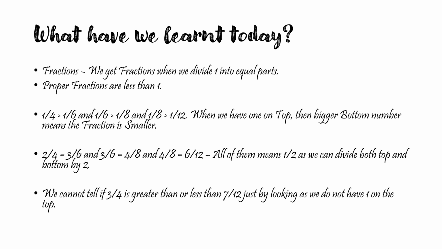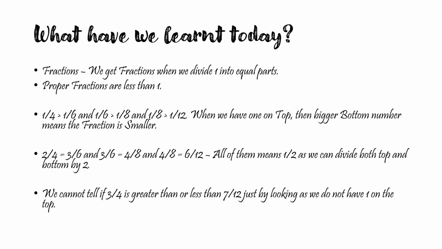When we have 1 on the top, then a bigger number in the bottom means that the fraction is smaller. We also learned that 2 by 4 is the same as 3 by 6, 3 by 6 is the same as 4 by 8, and 4 by 8 is the same as 6 by 12. All of them mean 1 by 2 or half. How did we find it?